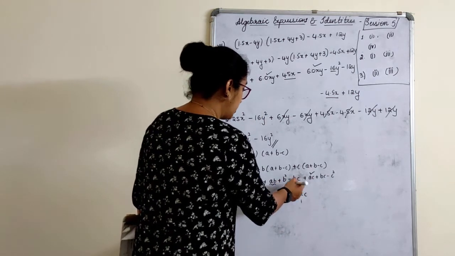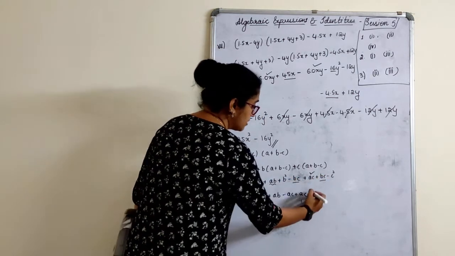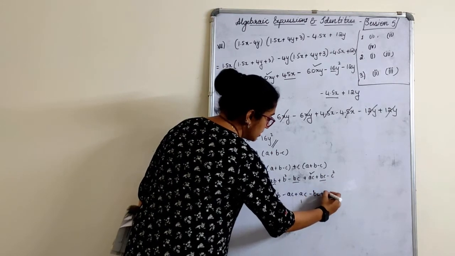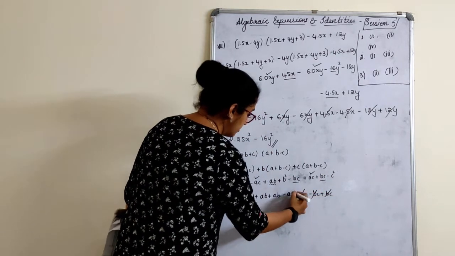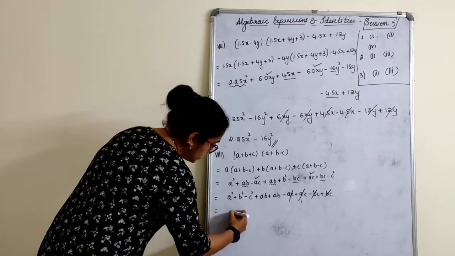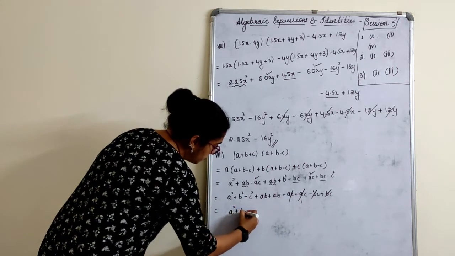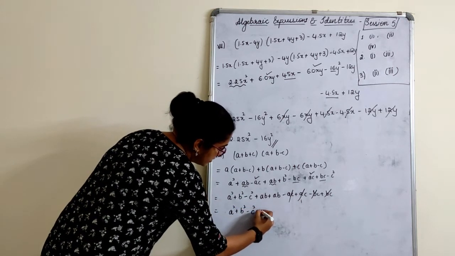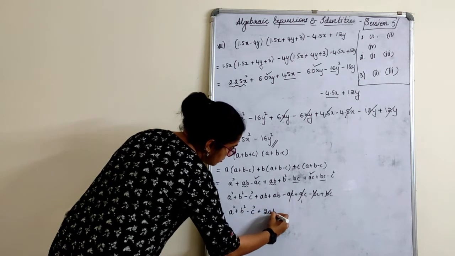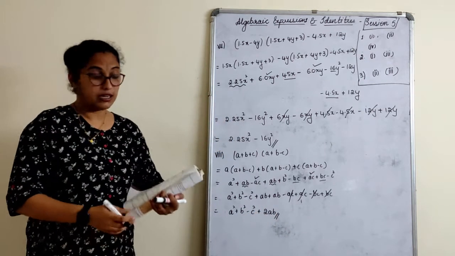After ac you have minus bc plus bc. Cancel. So answer is a square plus b square minus c square plus 2ab is your answer.